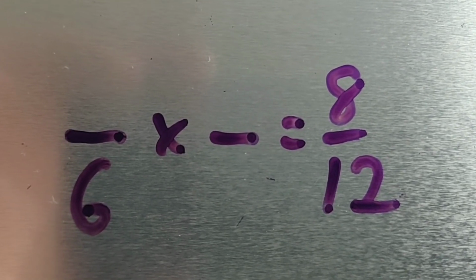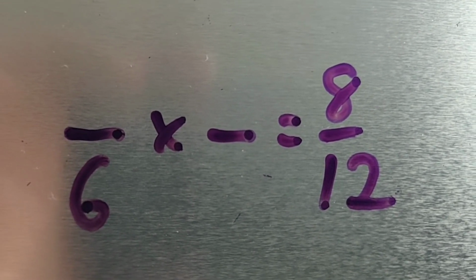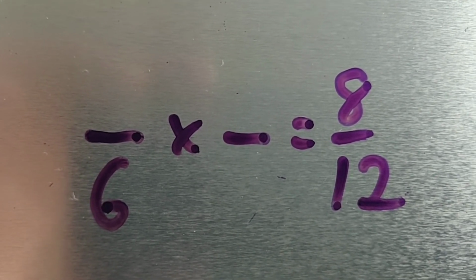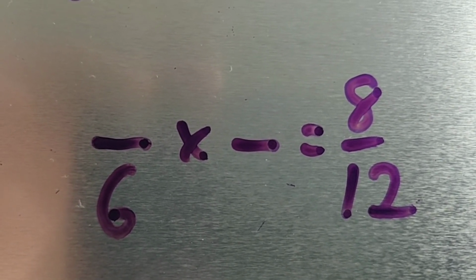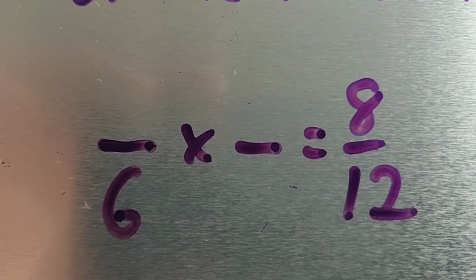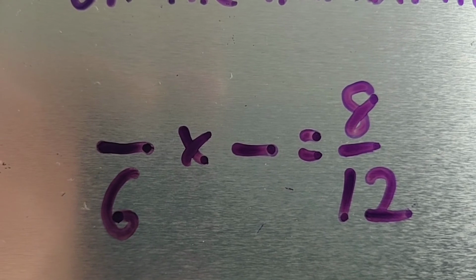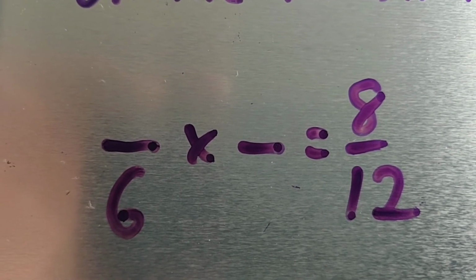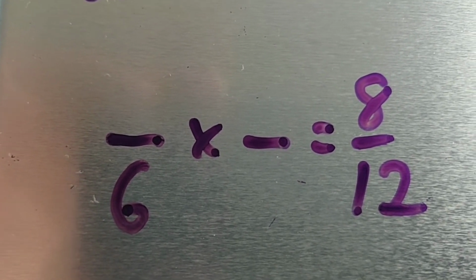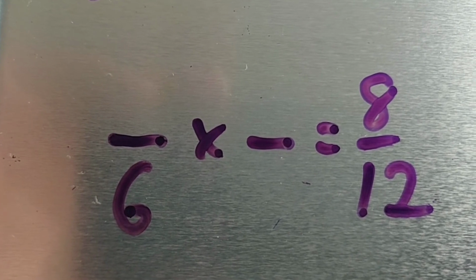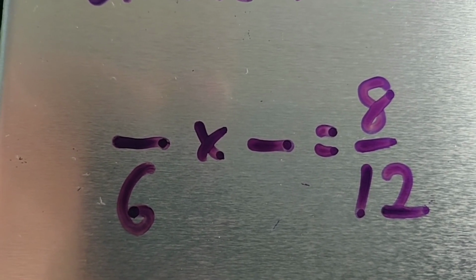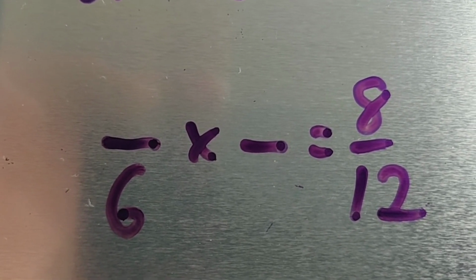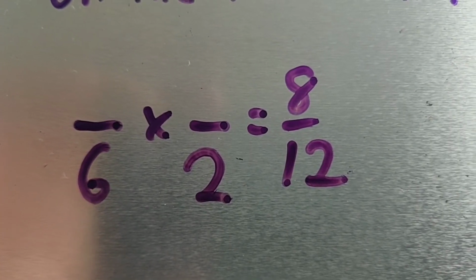So we could solve this at least 2 ways. We could recognize that we're trying to figure out how many sixths is equivalent to 8/12ths. But since here we're given the fraction that has the larger digit in the denominator, we can set it up like this. How many sixths times blank over blank equals 8/12ths? So here we could still fill in the denominator. 6 times what equals 12? 6 times 2 equals 12.